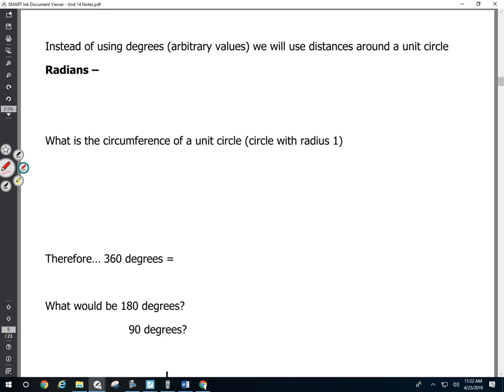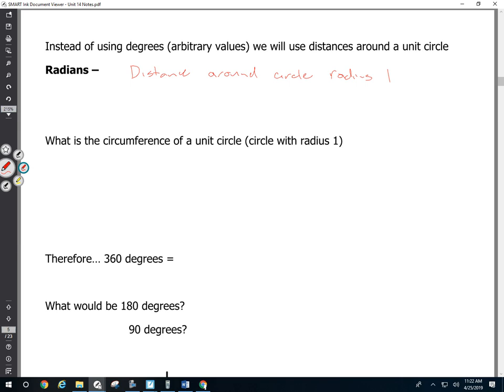Radians are a distance around a unit circle. The distance around a circle with a radius 1.